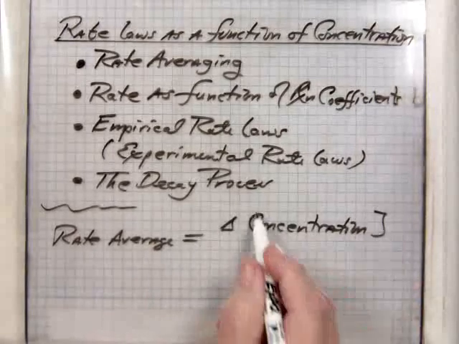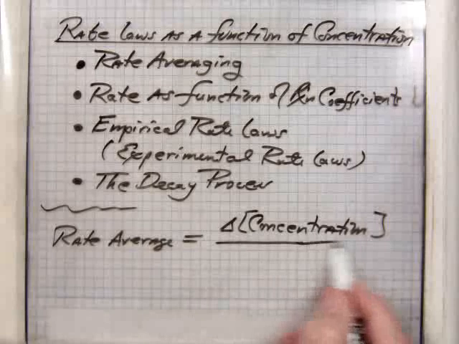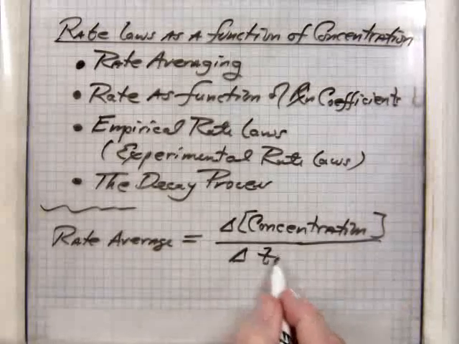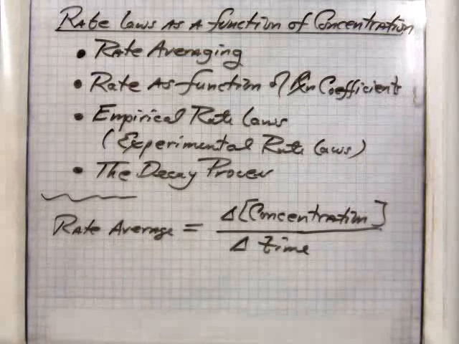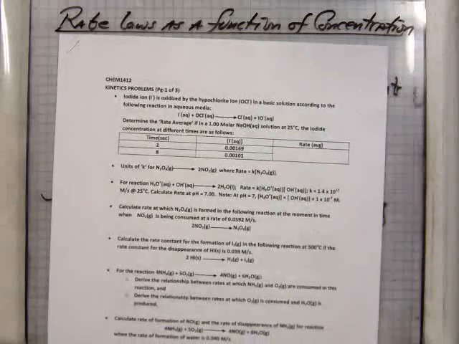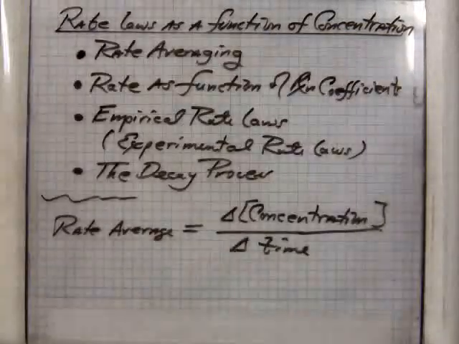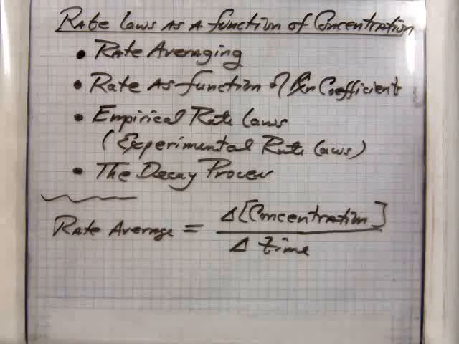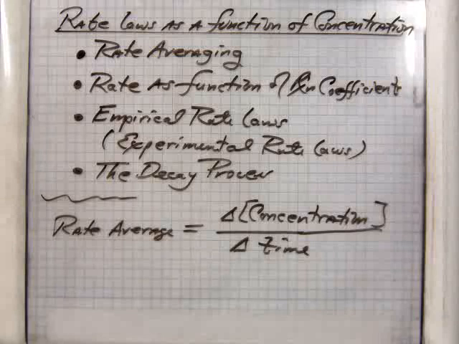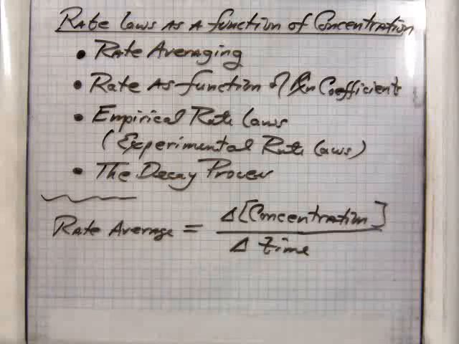Molar concentration over a change in time. If you will get the handout on the kinetics problems in front of you, that first one up there is a good example. Let's see. It says iodine is oxidized by hypochlorite, OCl negative, in a basic solution according to the following reaction.